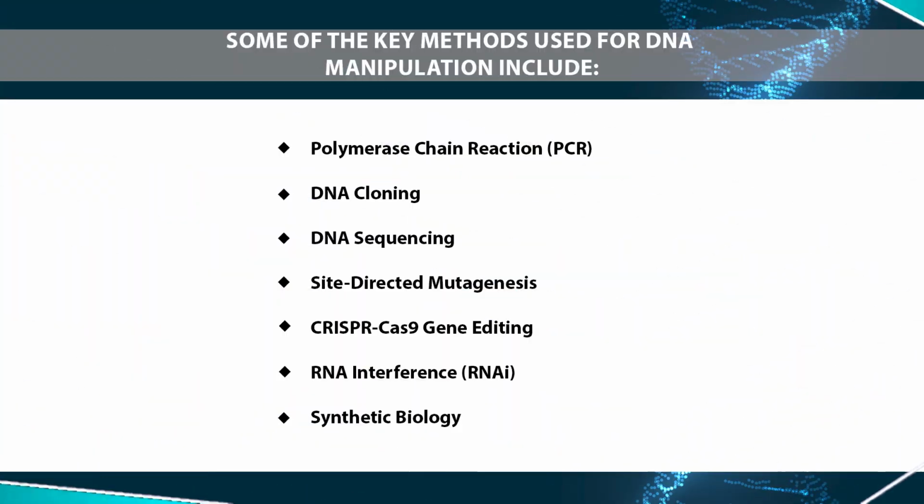Some of the key methods used for DNA manipulation include PCR, that is polymerase chain reaction, DNA cloning, DNA sequencing, site-directed mutagenesis, CRISPR-Cas9 gene editing, RNA interference or RNAi and synthetic biology. We will discuss all these methods in detail in subsequent lectures individually.